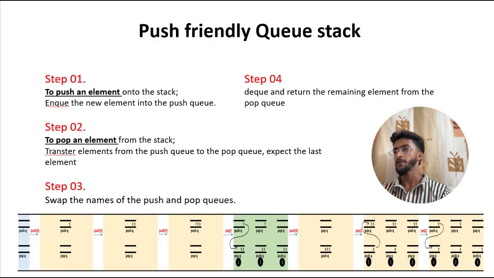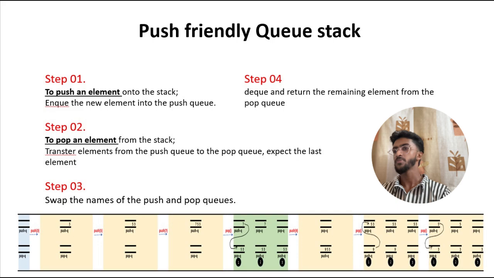And then the second method, push-friendly queue stack. As you think, this is to minimize the steps for pushing the elements, and it has a few more steps to follow. The first step, to push an element onto the stack: Enqueue the new element into the push queue. Second, to pop an element from the stack: transfer elements from the push queue to the pop queue except the last element.